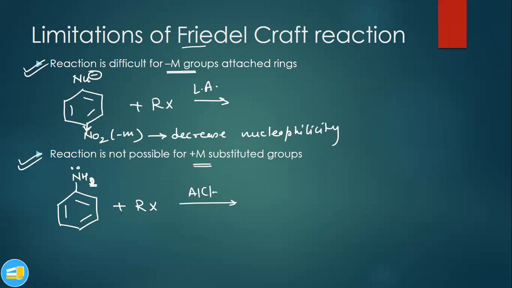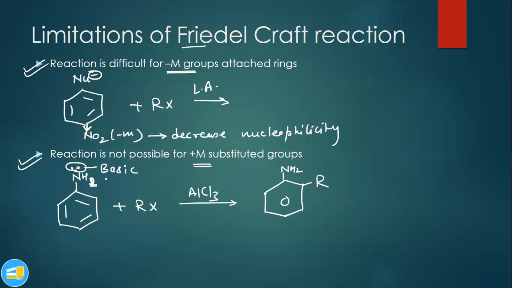Now, why is this reaction difficult in the presence of a plus M group? This product will be formed only if the benzene ring attacks the RX. But you can easily observe that this NH2 is a basic center.